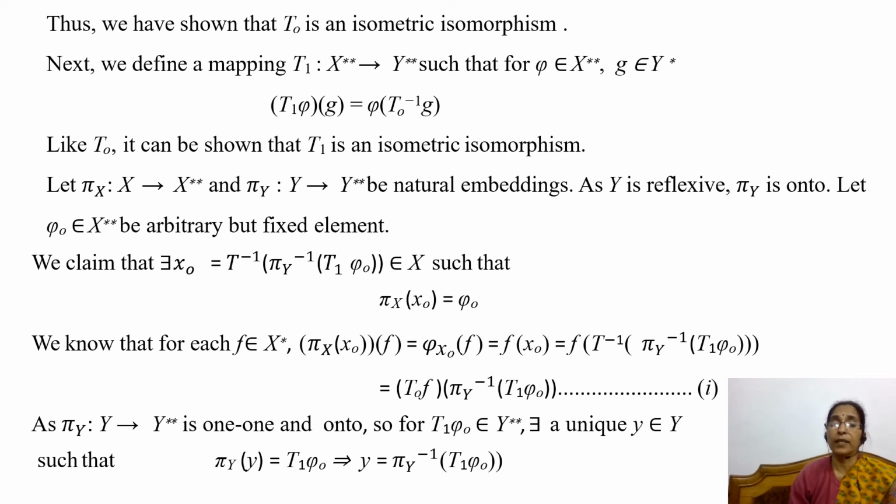This implies that y is equal to pi y inverse of T1 phi naught. Here we note that since pi y is one-one onto, pi y inverse always exists, and so y is equal to pi y inverse of T1 phi naught.